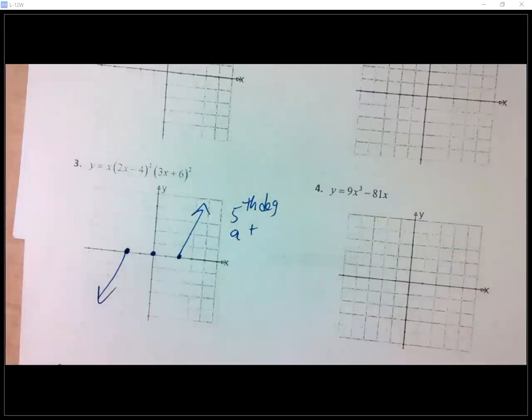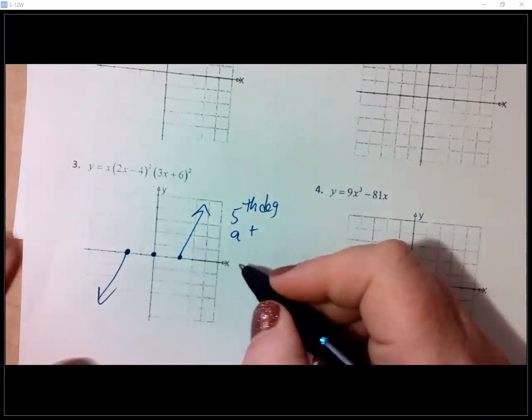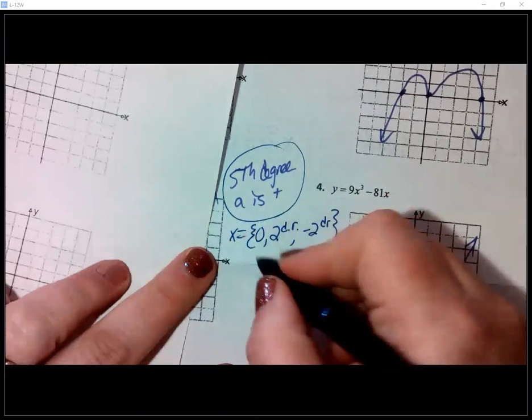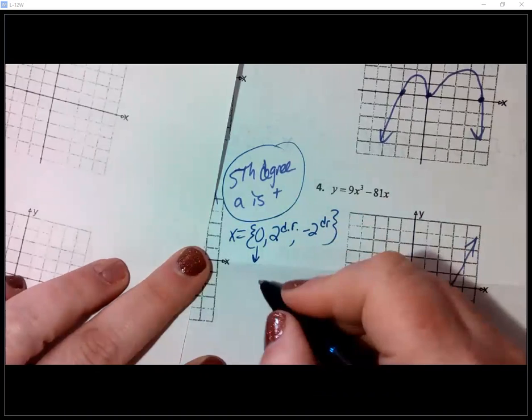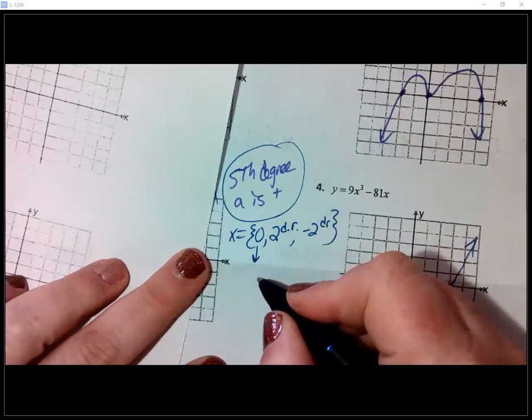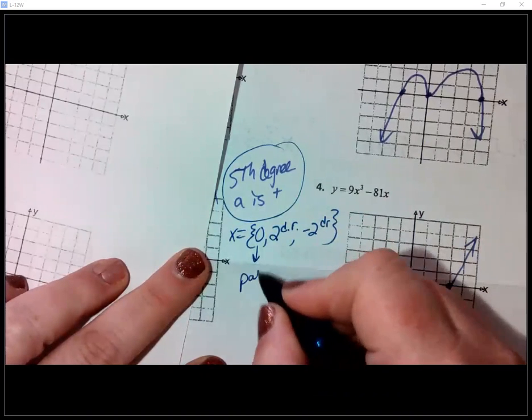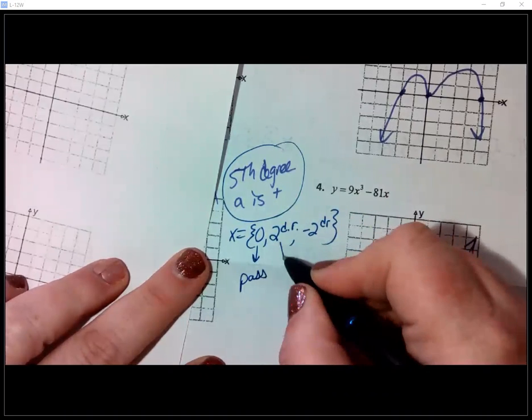All right, cool. Now let's figure out where we're bouncing and where we're passing. Remember what my answers were. At 0, am I going to bounce or pass? Pass. How do you know? You only bounce at double roots.